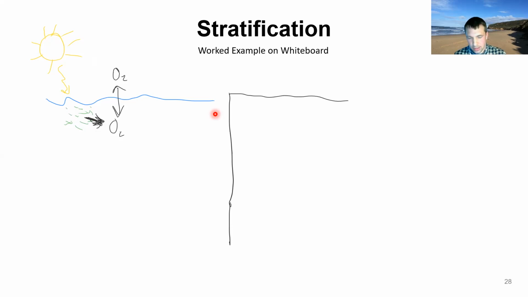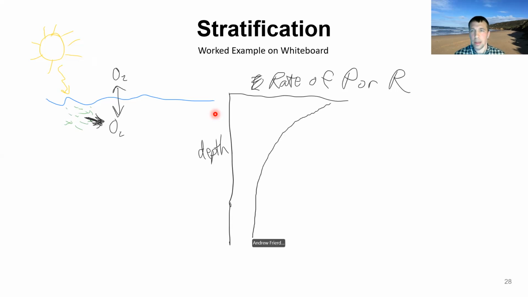And so what that means is, if this is depth on this axis, and the top horizontal axis here can be the rate of photosynthesis or respiration, we might expect photosynthesis to be quite high at the surface and then taper off with depth. And of course, it would approach zero at some particular depth.